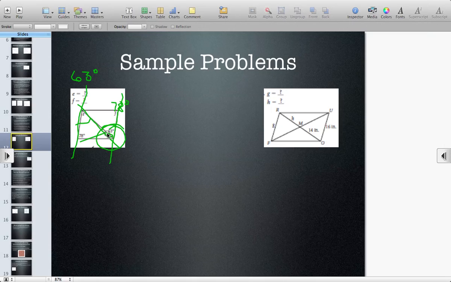The second example, we want to find G and H. Opposite sides of a parallelogram are congruent, so if this is 16 inches, then G is also 16 inches. And the diagonals of the parallelogram bisect each other, so if MO is 14 inches, that means H is also 14 inches. Nice and easy: when we know these basic conjectures, we can solve the pretty simple problems.